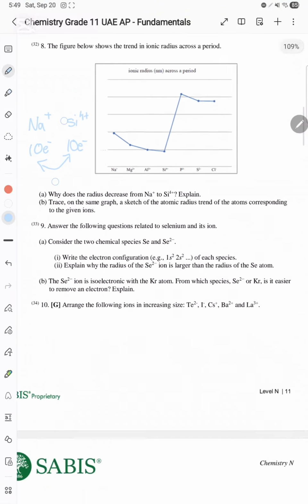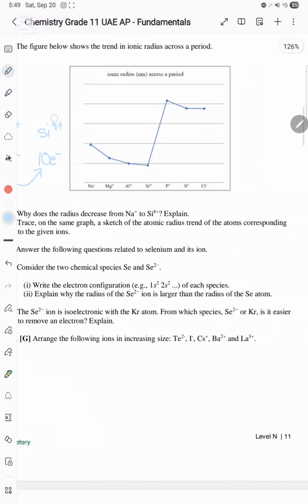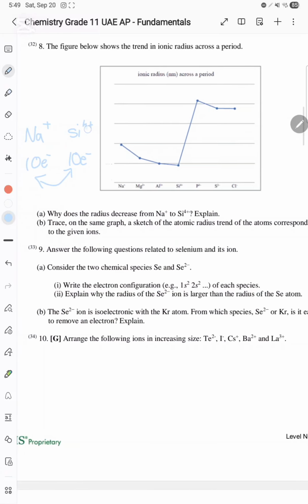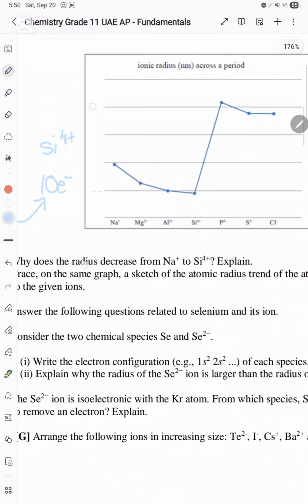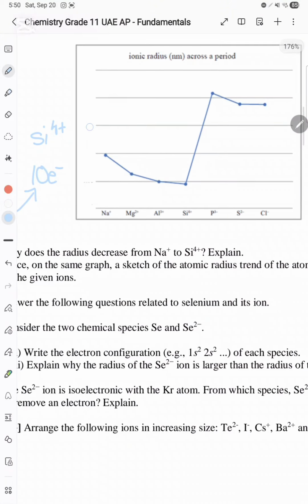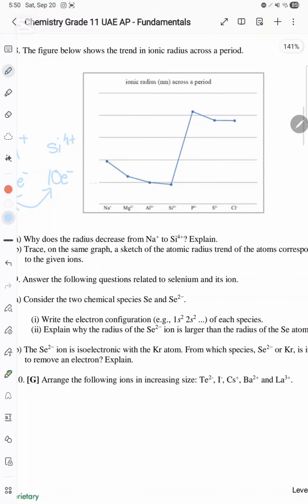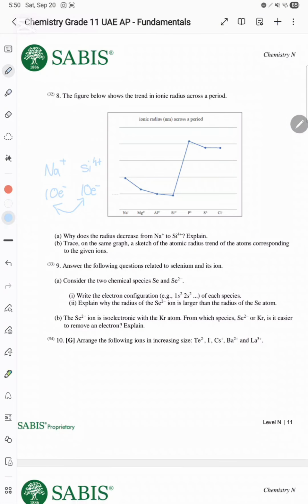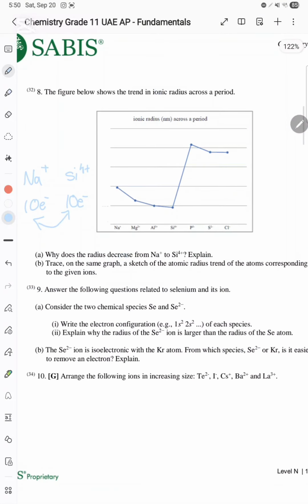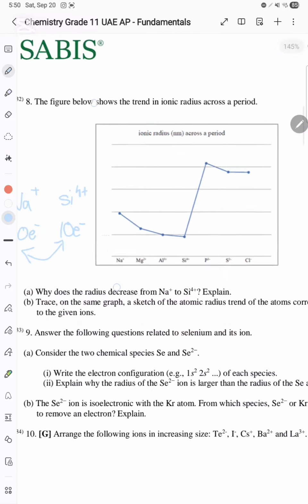Now, trace on the same graph the sketch of an atomic radius trend corresponding to the given ions. So this is the ionic radius of the ions. Now they want you to draw the same thing, but for the atoms.